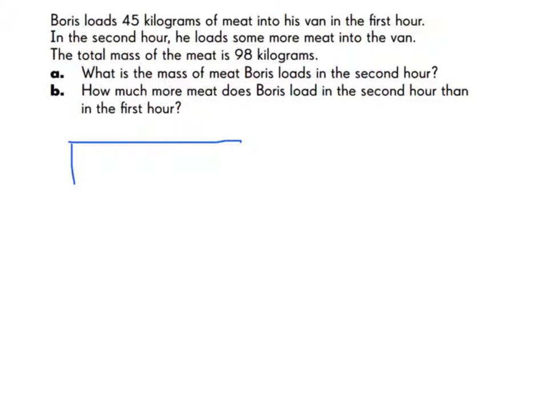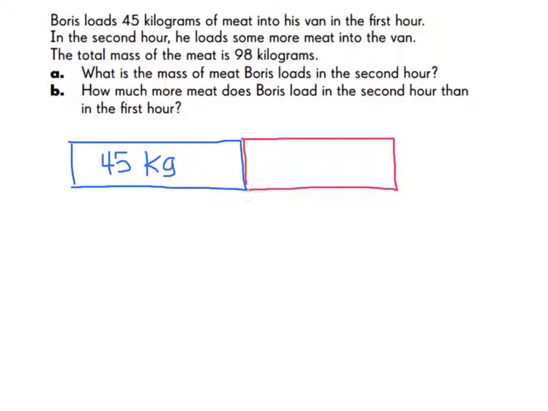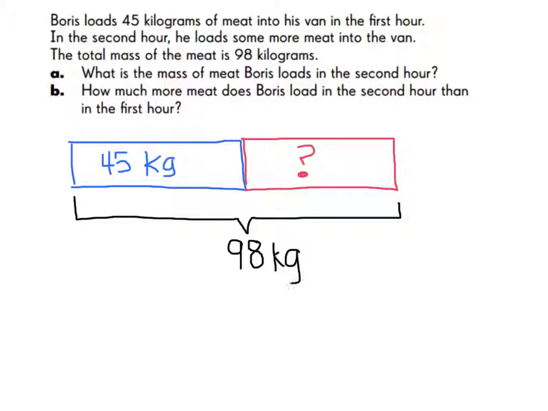If Boris loads 45 kilograms of meat in the van the first hour, then he loads some more meat in the second hour. We don't know that value. However, we do know the total amount that was put in the van in both hours to be 98 kilograms. So if we take the total and subtract from it one of its parts, we'll find the second part.